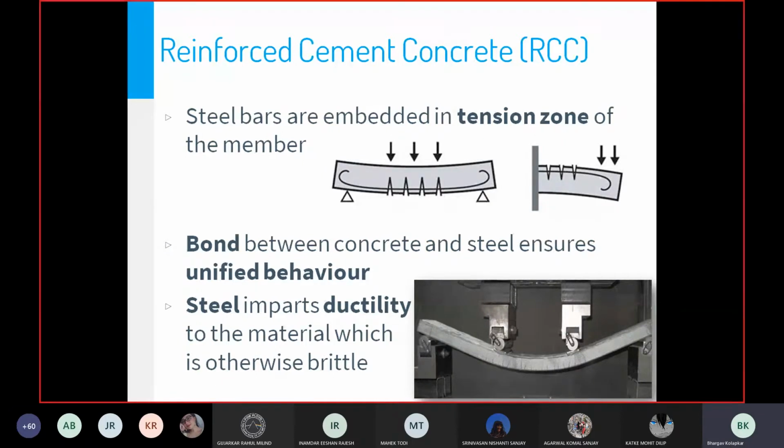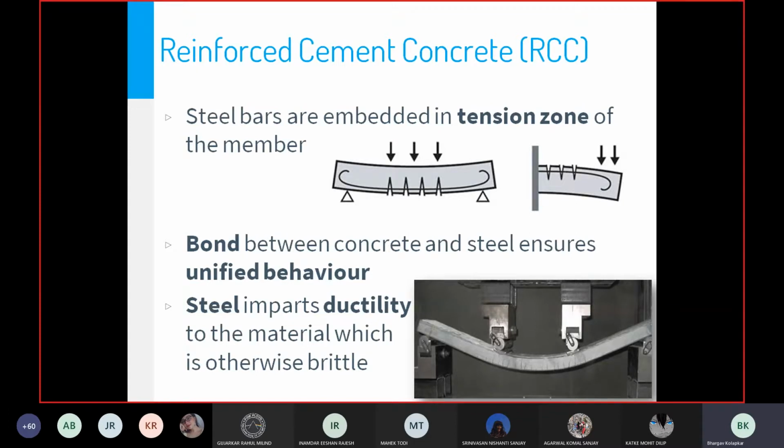So there is no relative movement between these materials. As a result of this, the bond, which is very important for this unified behavior, remains intact. And it is because of this property of steel that it is extensively used with concrete for reinforcing it.